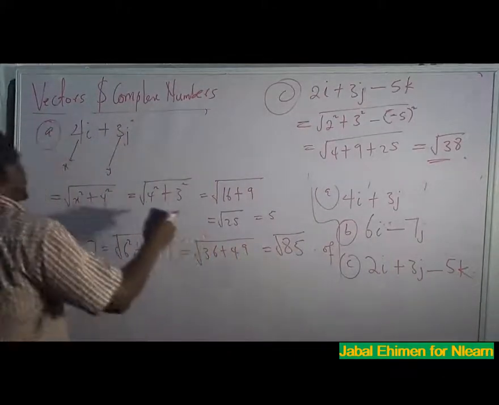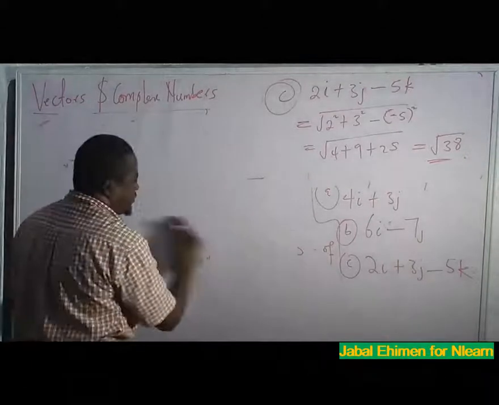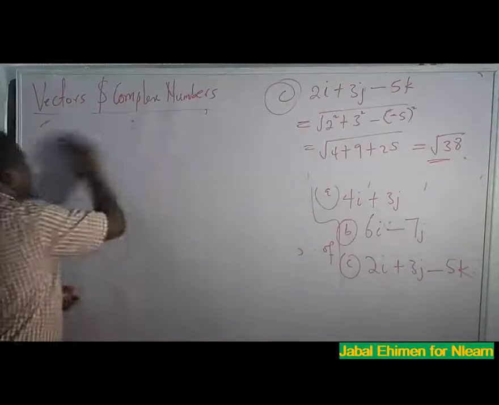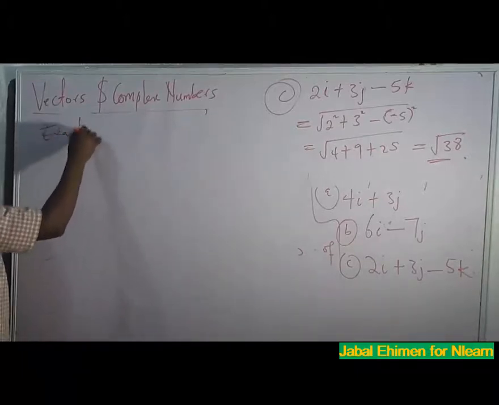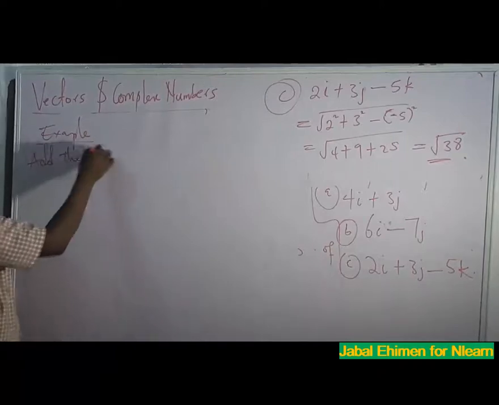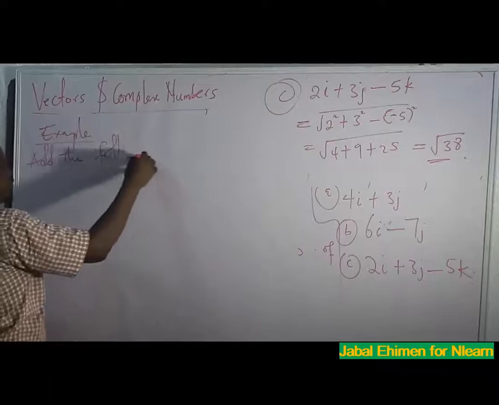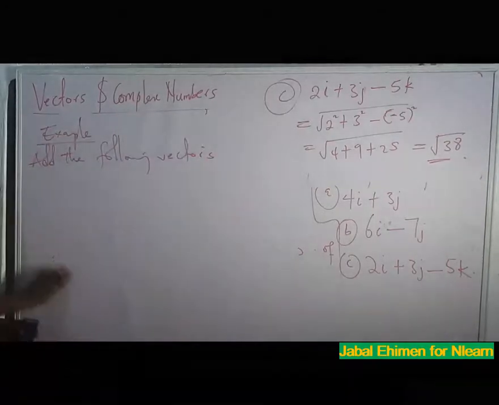For example, you have this now, you understand this. For example, you are asked to add these vectors for me. Maybe I have another example. If I'm asked to add the following vectors, they are unit vectors.